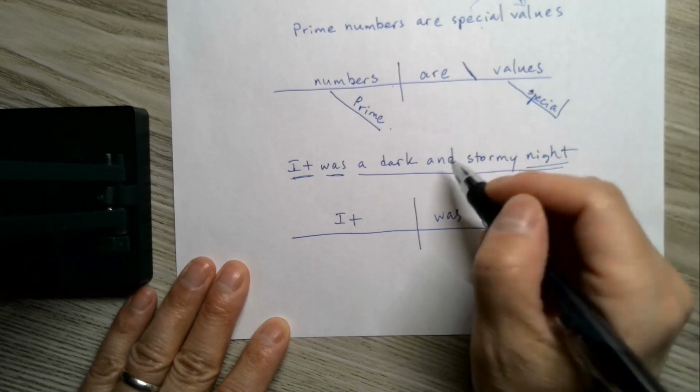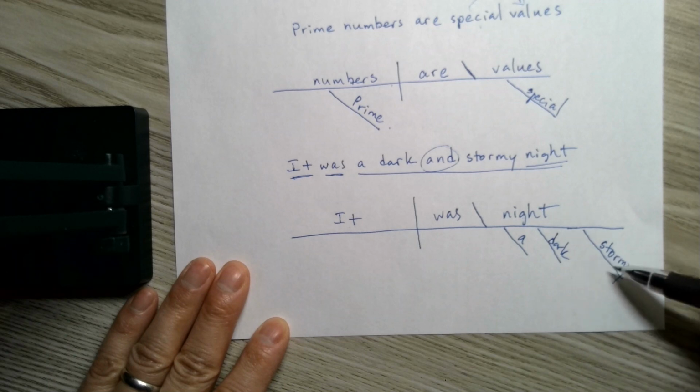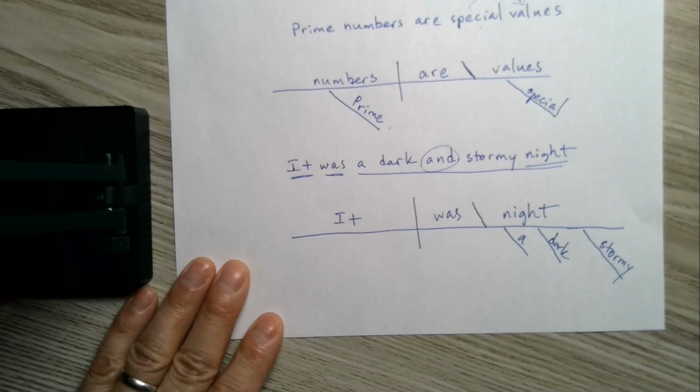But we forgot this word, and. Okay, I can't put and on a diagonal line like I did for the other three adjectives, because first of all, and's not an adjective. And it's not used as an adjective here. It's a connecting word. It's a conjunction connecting the words dark and stormy.